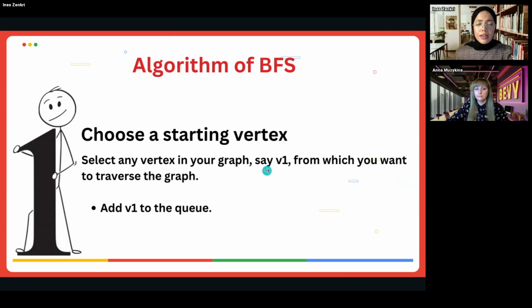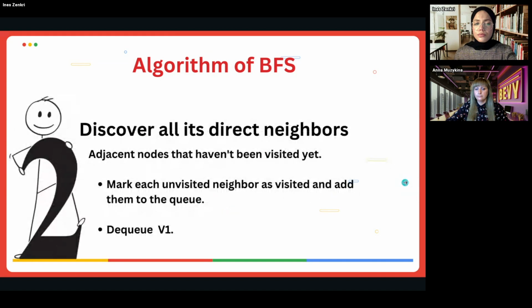So let's say in our case, we will start with the node V1. So we add it to the queue. And then we discover all its direct neighbors. We check the nodes that haven't been visited yet, we mark them as visited neighbors, and we add them to the queue as well.